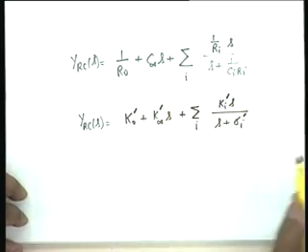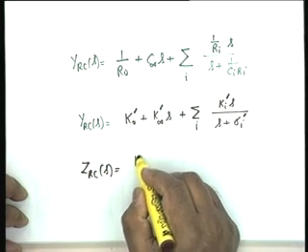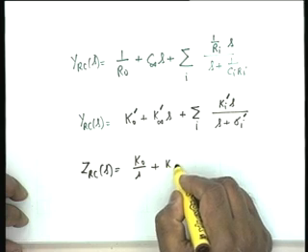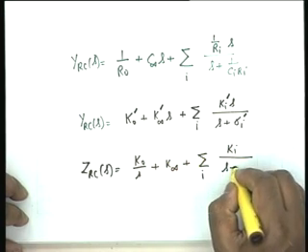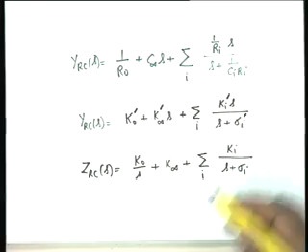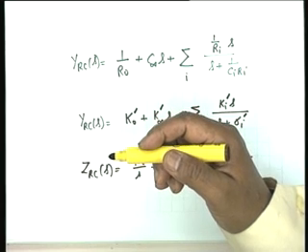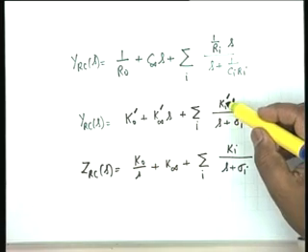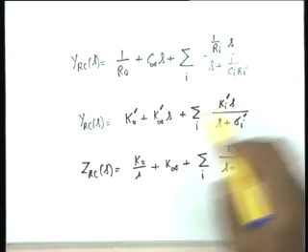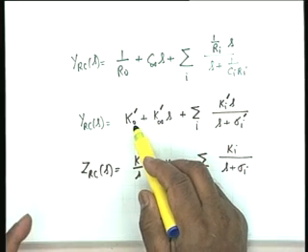If you compare this with ZRC of S, which is of the form K0 by S plus K infinity plus summation i Ki divided by S plus sigma i, obviously these are not the same forms. Not only that, these Ki primes: K infinity prime, is this a residue? Yes, it is. Is K0 prime a residue?